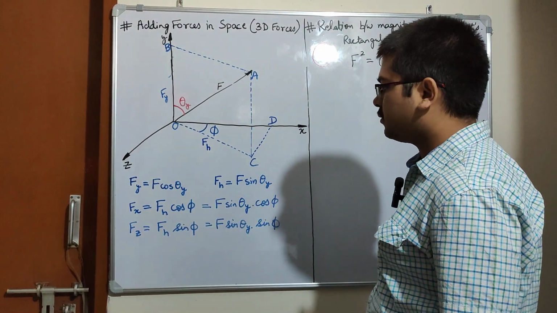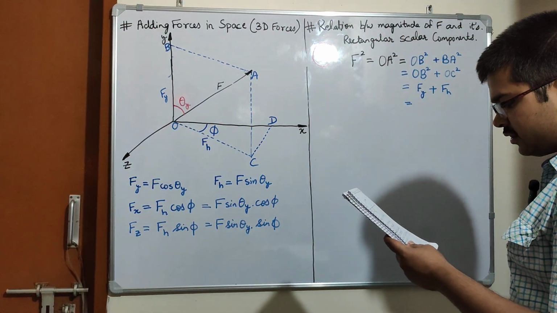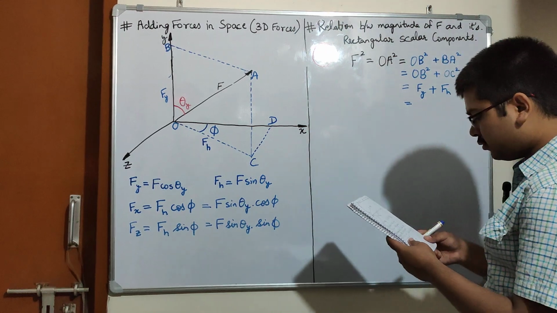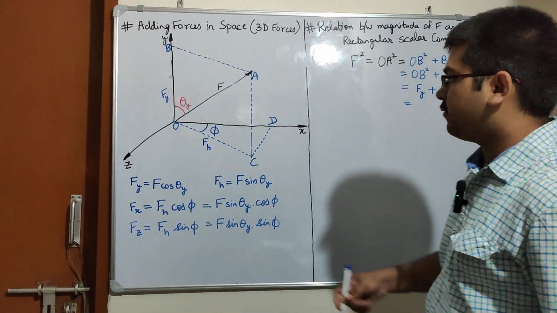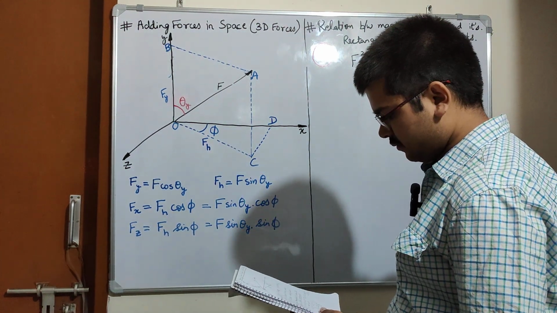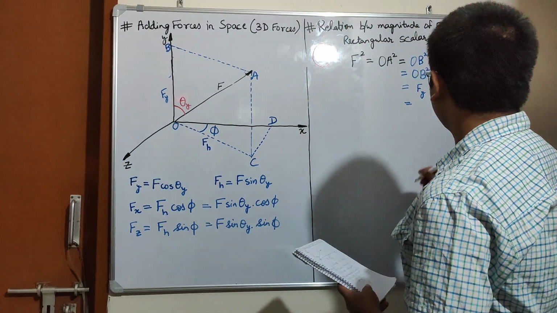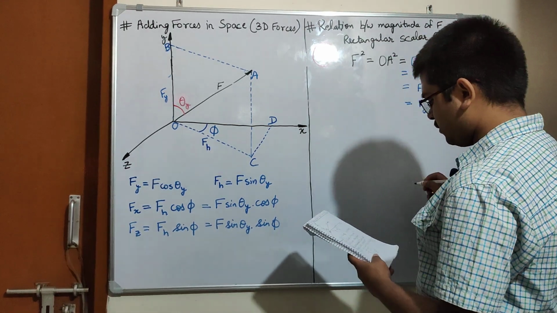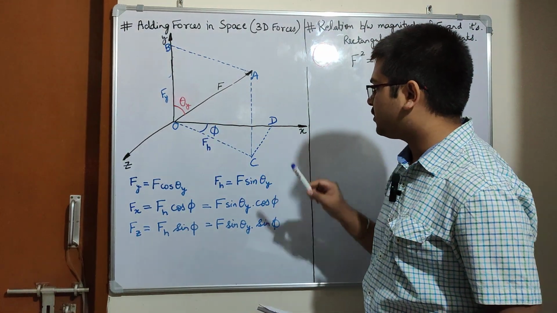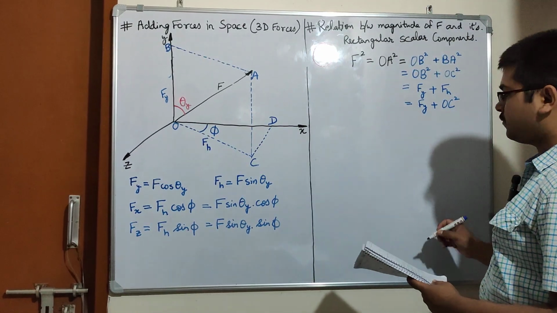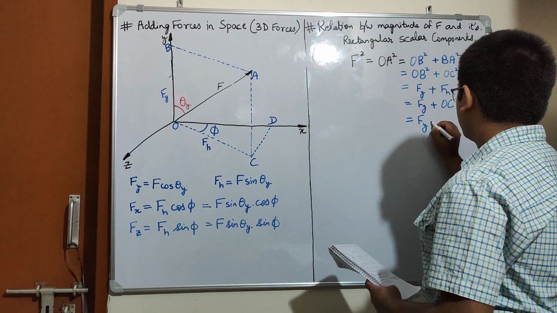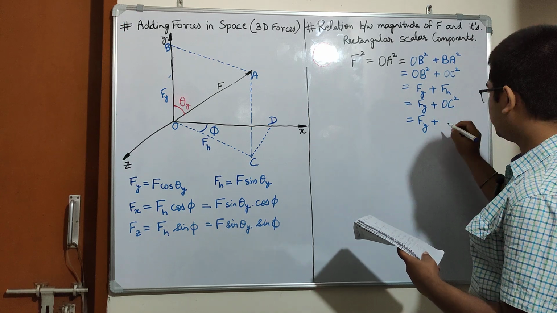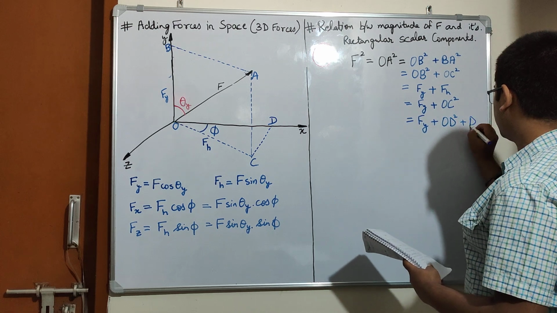We know that Fh square is equal to OC square, and OC square is equal to OD square plus DC square.